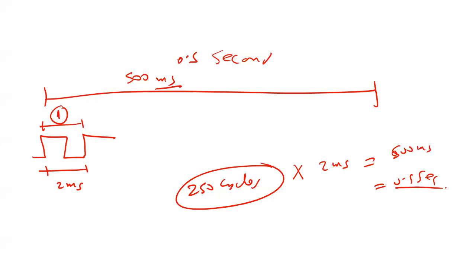So that's exactly what I'm going to do. I'm going to generate this signal for 250 cycles, and this is going to make half a second. That's exactly what I did here. Any problem with this calculation? It's very simple, right?